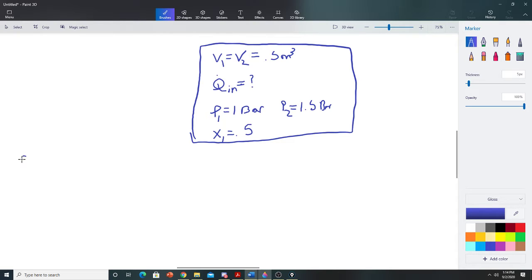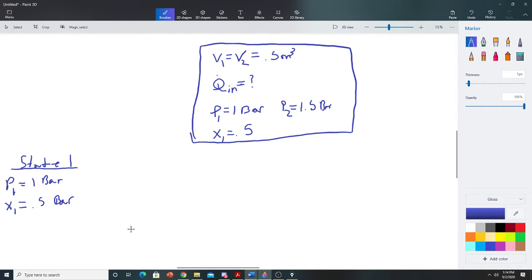So let's start over here. Write out state 1. So state 1, what do we know? We know pressure 1 is 1 bar, right? We know x1 is 0.5, right?